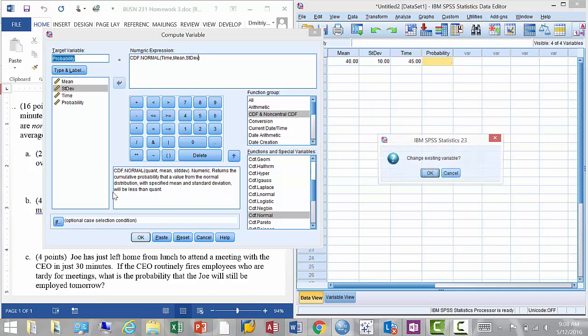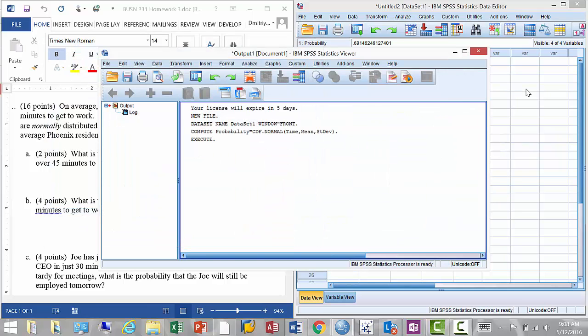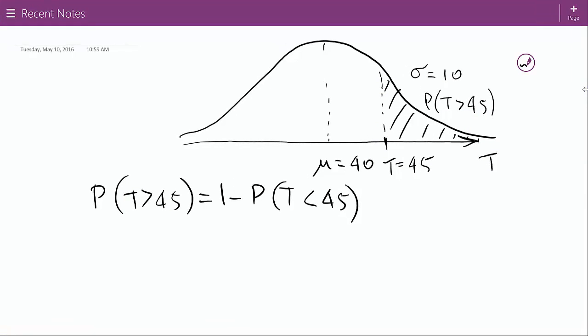So I click OK. It says change existing variable because it wants to overwrite the variable that I have already labeled in my data window. So I click OK, and there is the answer, 0.69146.